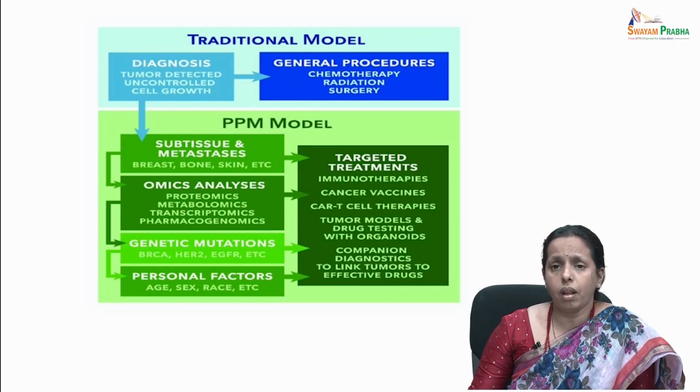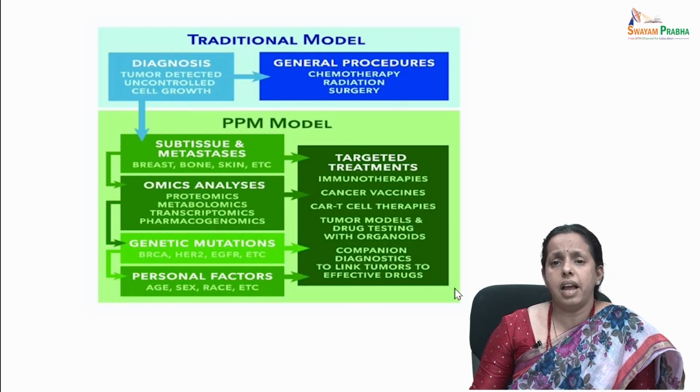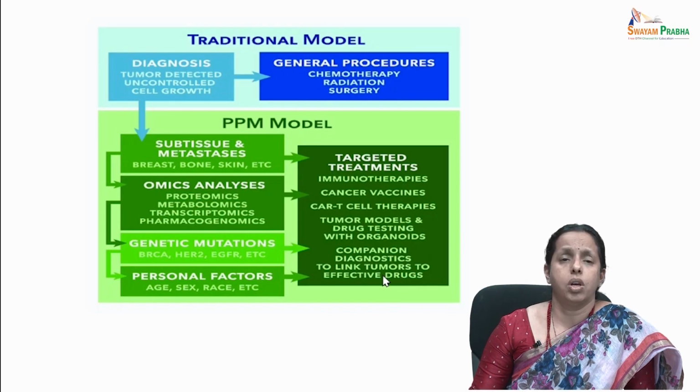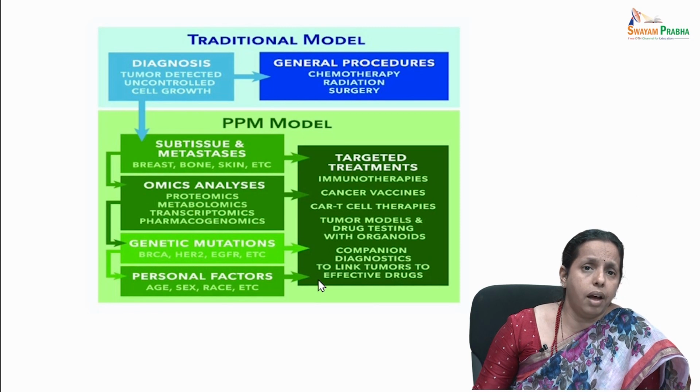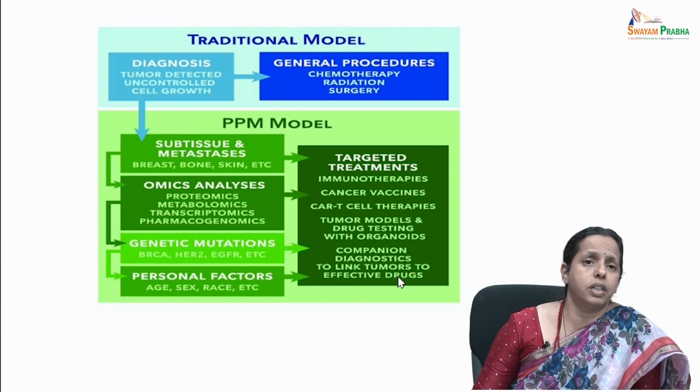Companion diagnostics can help determine which treatments will be most effective for a specific cancer tumor, and novel cell therapies are used to target the cancer with minimal damage to healthy tissues. So this is very important: you should link your tumors to the effective drugs.